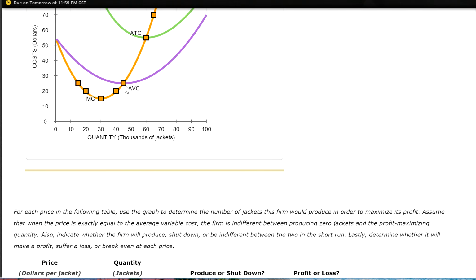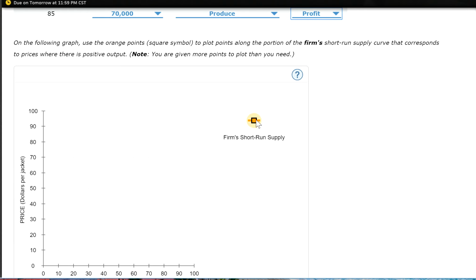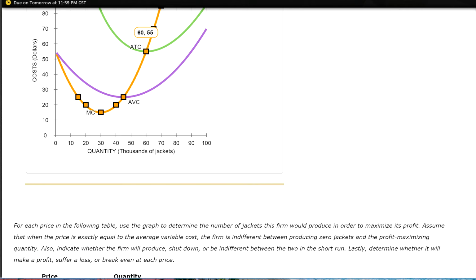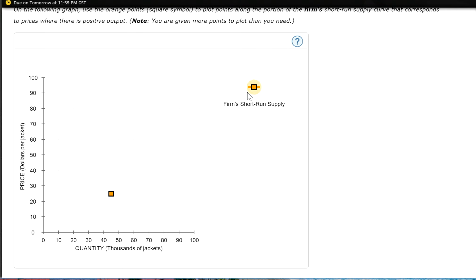So the first point is right here, 45 and 25. The second point is 60 and 55.